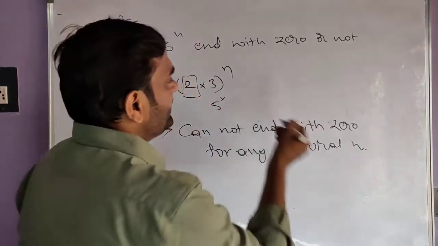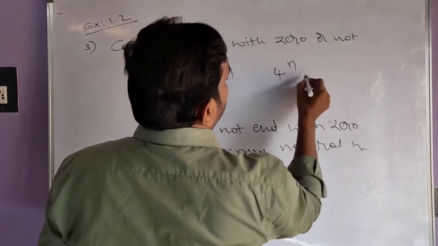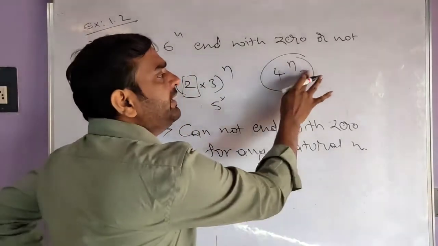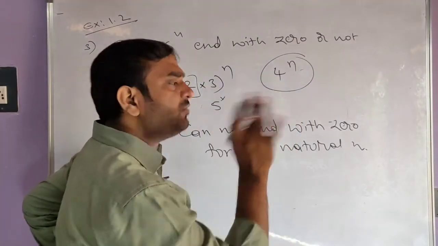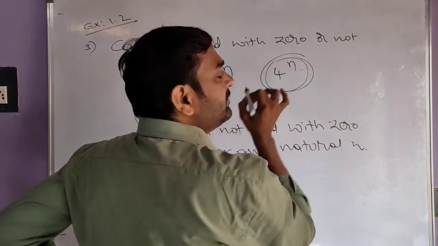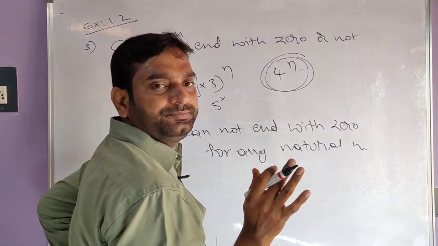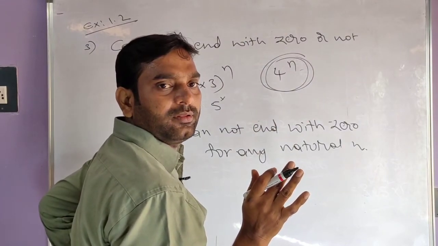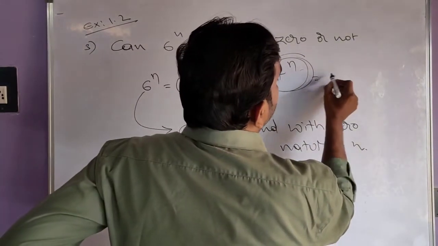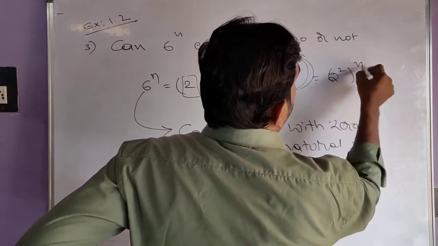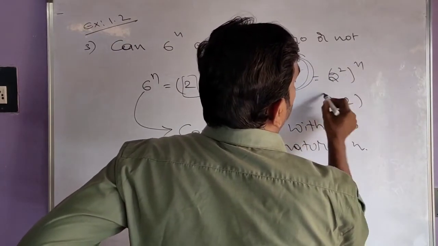Okay. For example, can 4 power n end with 0 or not? If you are given that question, we have to check whether in that product we have 2 and 5 or not. 4 power n is nothing but (2 square) whole power n, that is (2 into 2) whole power n.